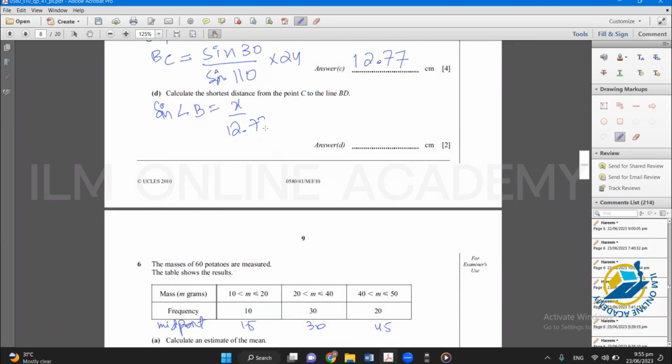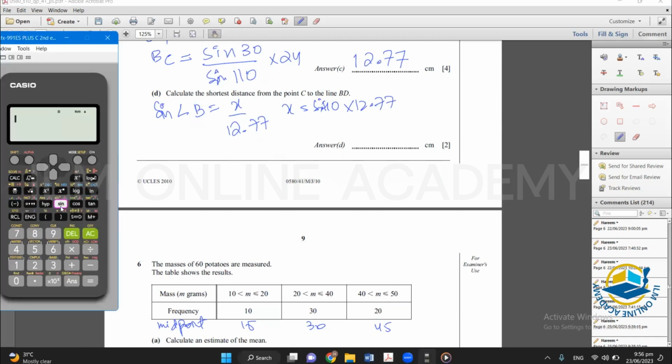So after the calculation, it would be sine 40 multiplied by 12.77, and its answer is 8.20.